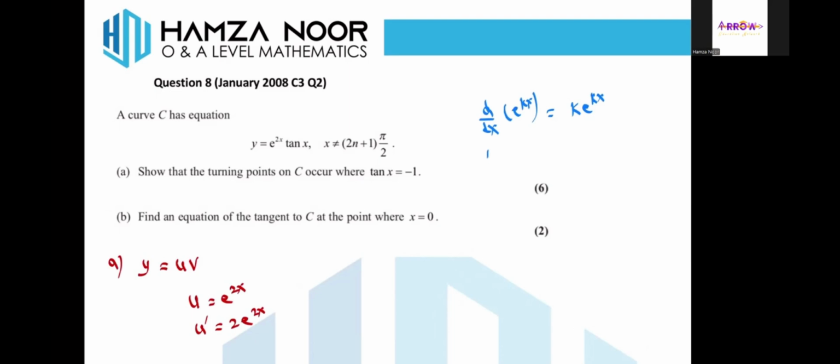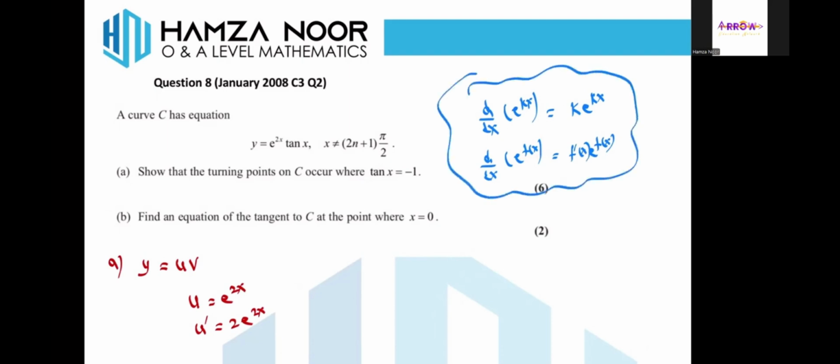And we can also say that when e raised to the power of f(x) is differentiated, it gives you e raised to the power of f(x) multiplied by f dash x, where f(x) can be any function in terms of x, either linear or non-linear. This is the basic concept behind this.